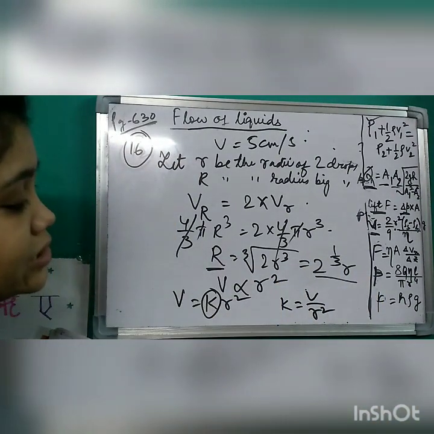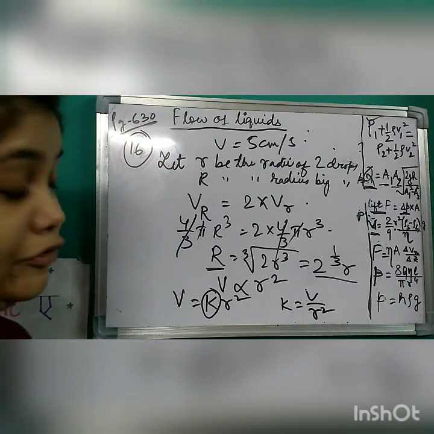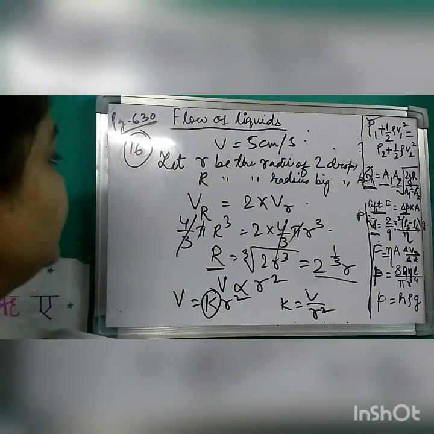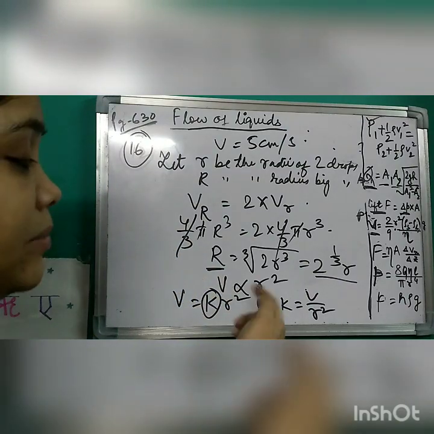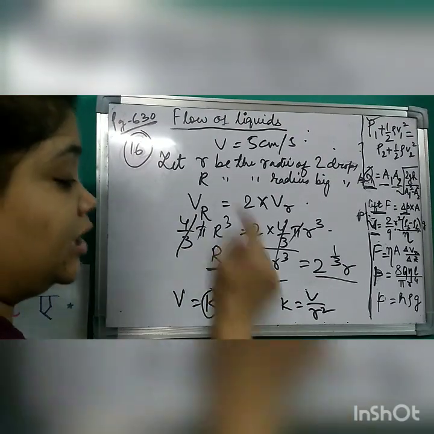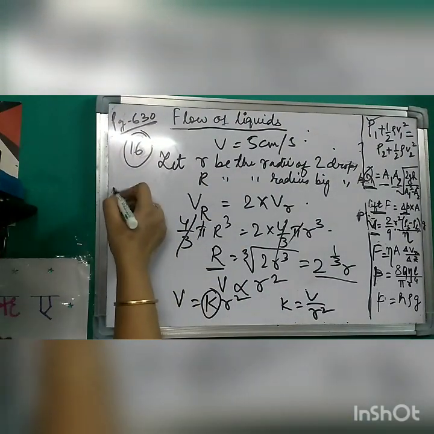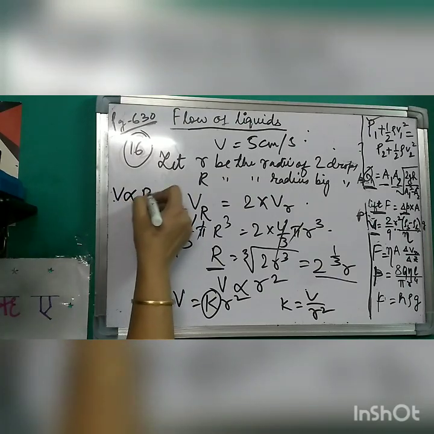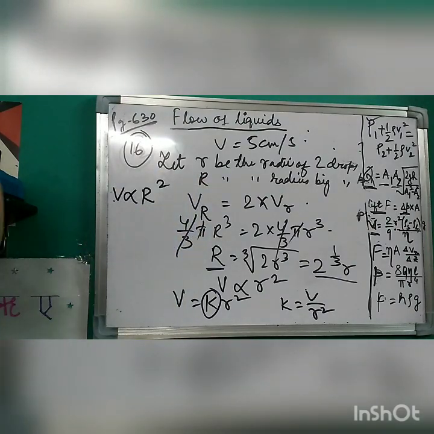This is the velocity when we take the radius of the smaller drop. Now, similarly, as the terminal velocity is directly proportional to radius square, if I take the case of the bigger drop, then V is directly proportional to capital R square, which is the bigger drop.